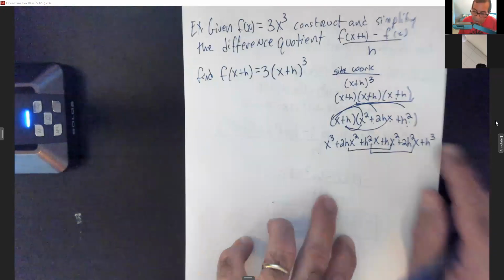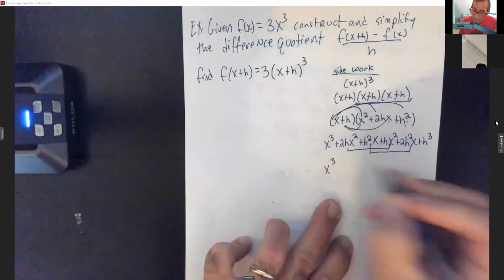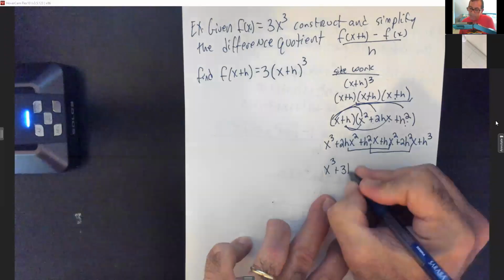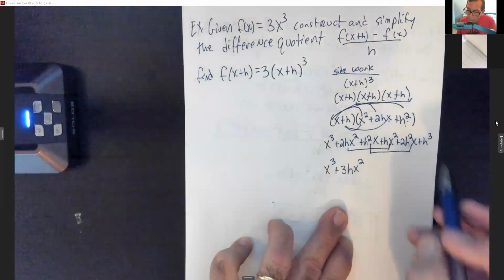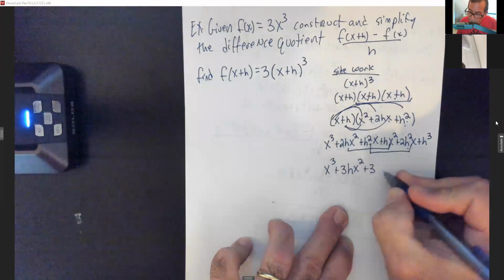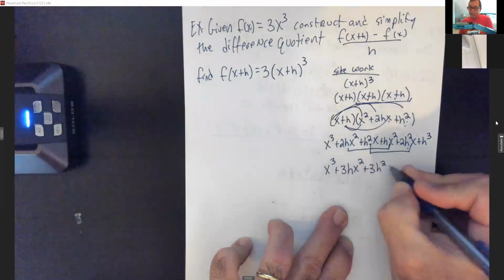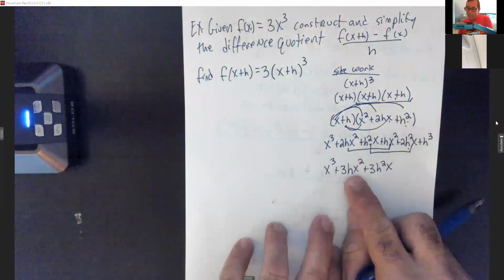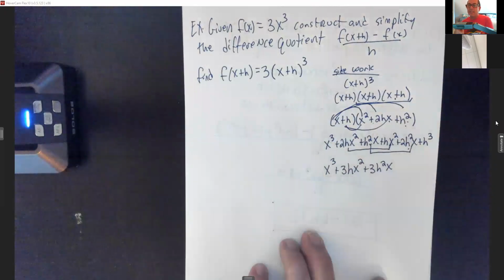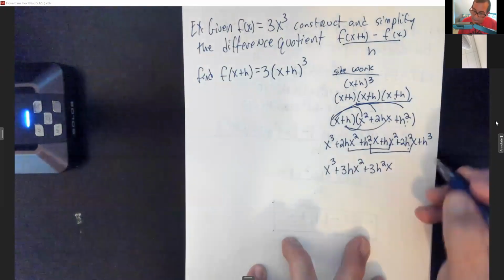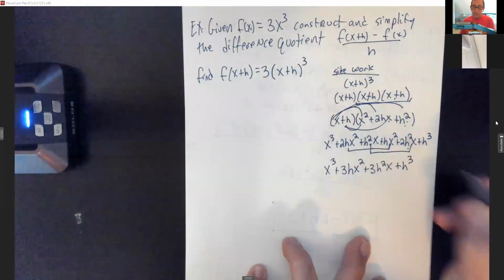Then I would bring down the x to the third. 2 plus 1 gives me 3hx squared. 1 plus 2 gives me 3h squared x. So notice on like terms, the exponents and the variables have to match exactly. And then at the end is my plus h to the third.